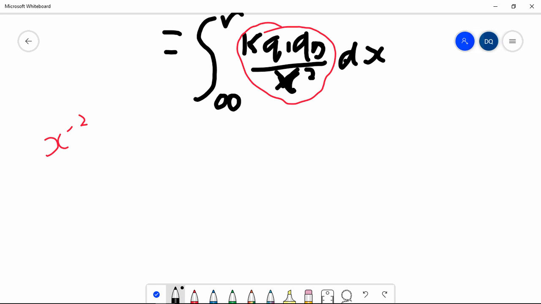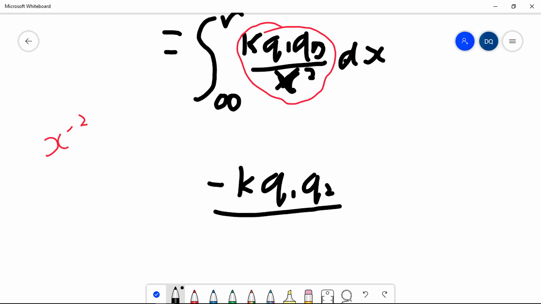And so it turns out that what we're looking for is negative k q1 q2 over x. And we're going to evaluate that from infinity all the way to r.